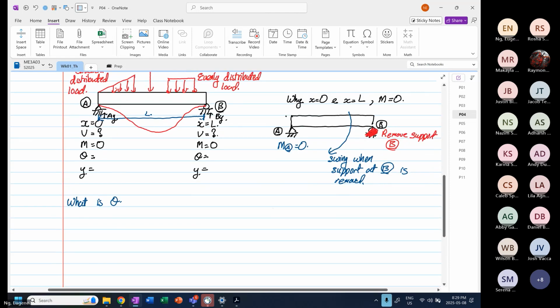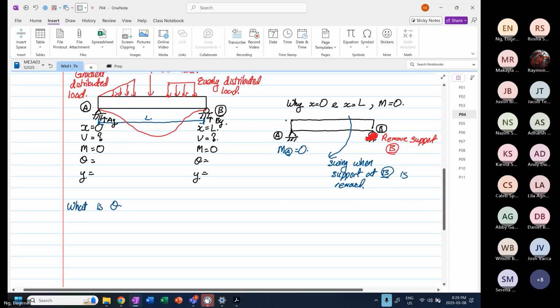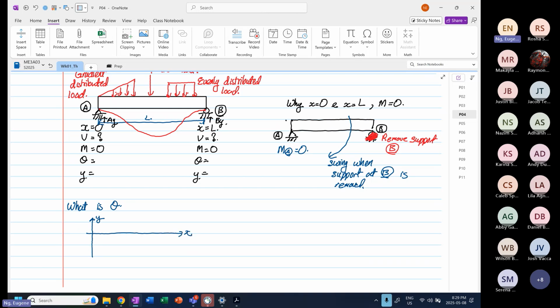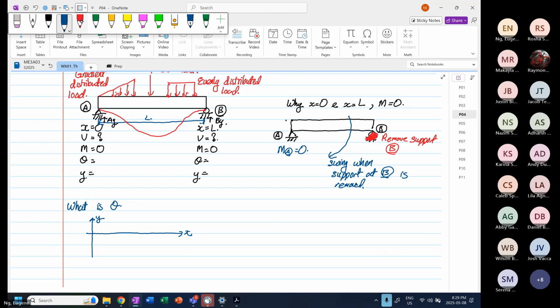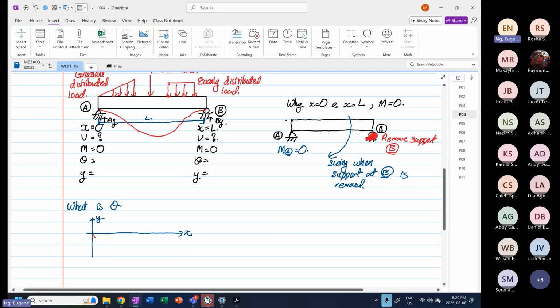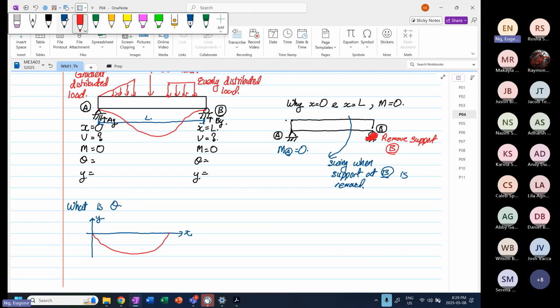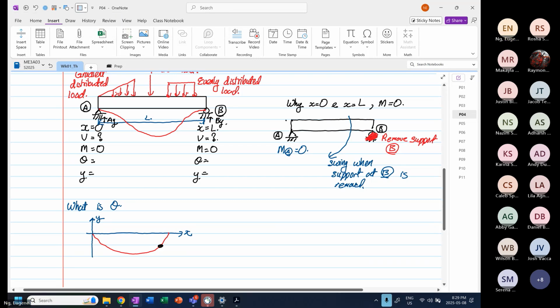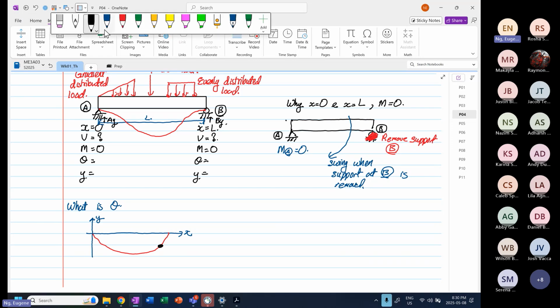We know that if this is our y, and this is our x, and then this is a curve, and if we pick a point down here, the slope is basically a tangent.